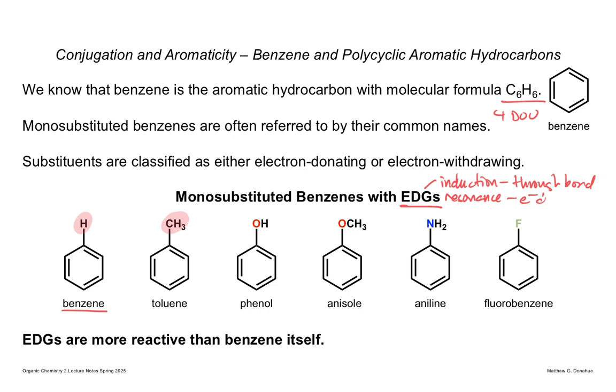I'll just say electron density movement. The way the slide is arranged, benzene's the benchmark. If you substitute that H for any of those other functional groups, you see those functional groups are electron donating groups. So relative to benzene, they do subsequent reactions faster.